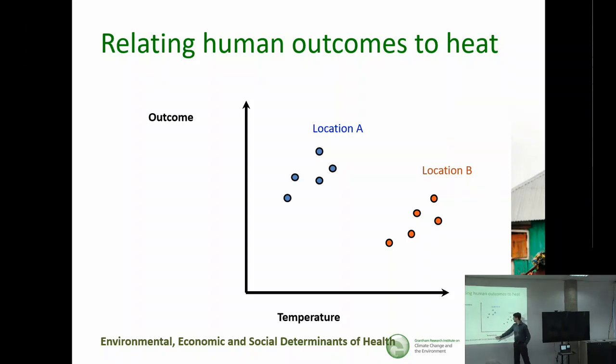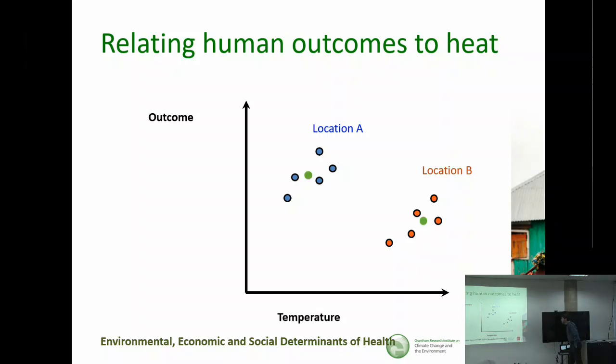So imagine that we have two different locations. In each of those locations, we have some data on how many people are dying in each year. So this is the temperature for a given location in a given year, and the number of people who died in that year. And this is another location, which here is placed with a higher temperature on average.